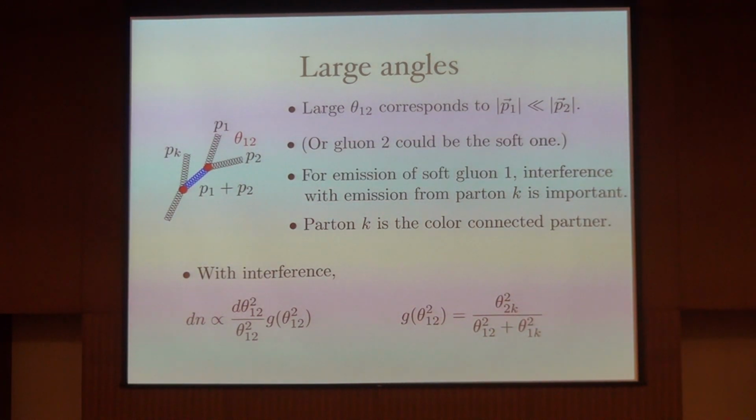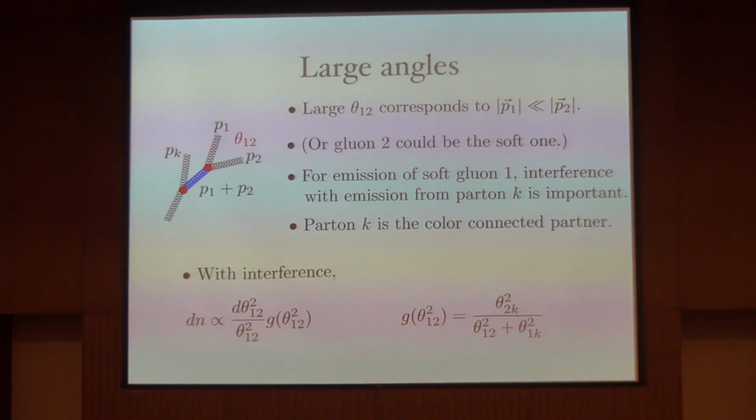And in the leading color approximation that I explained in the second lecture, there's a color-connected partner, which in this case, the color-connected partner of P2 is PK, what do we label here? PK, and here it is. So you just imagine that each of these gluons has a little line. You just draw a line backwards from here and up to there, and you see what's the color-connected partner.